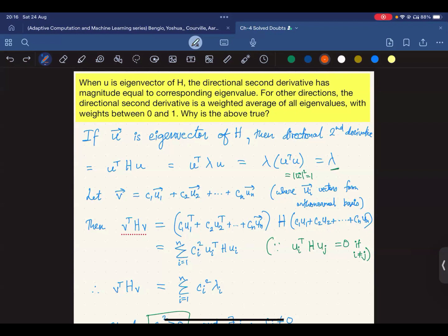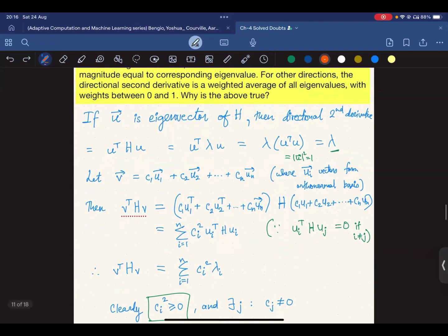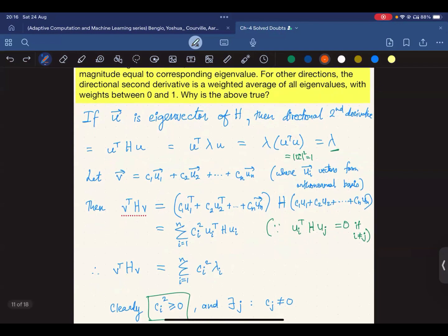So we can represent any direction v as a linear combination of all these directions. And so we can see that v transpose Hv, which is the second order directional derivative, comes out to be this quantity on the right.